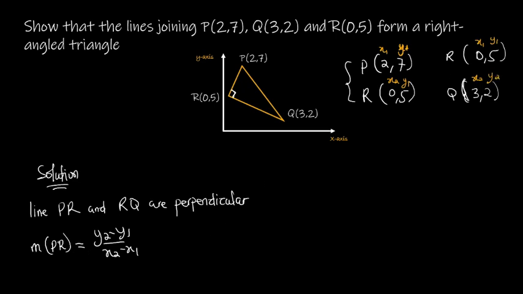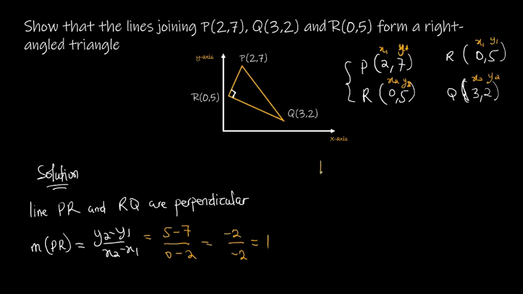Okay, so for my line PR, my y2 is 5, so I have 5 minus my y1, which is 7, on my x2, which is 0, minus my x1, which is 2. So this is equal to 5 minus 7, which gives me negative 2, and the denominator over here also gives me negative 2, and this is equal to 1.